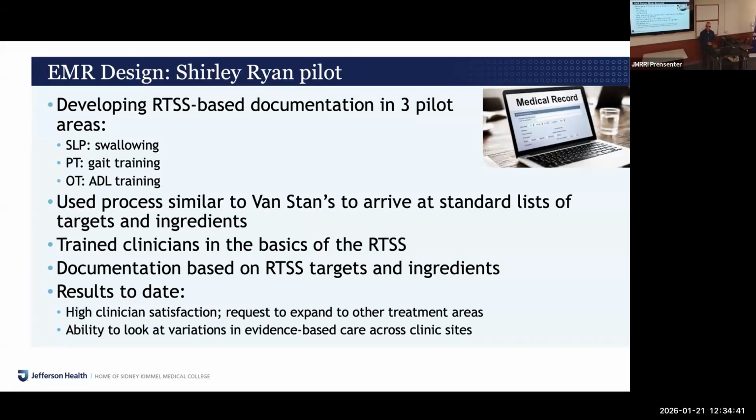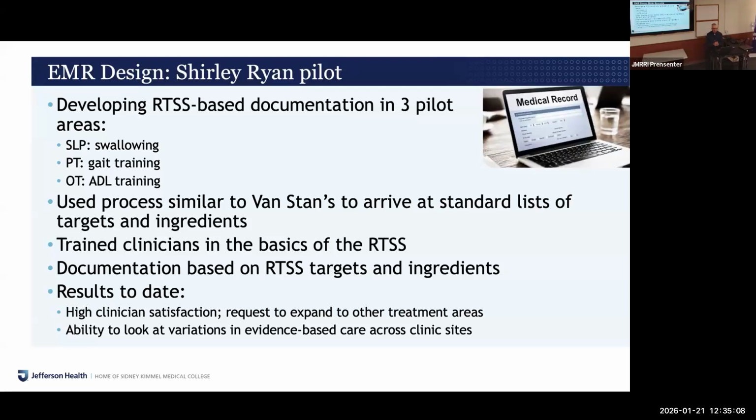However, here's what's happened at Shirley Ryan. They got 3 pilots in 3 very specific areas: dysphagia, swallowing disorders, gait training, and addressing ADL stuff. And they have an OT person, a PT person, and an SLP person who work in their education department, sort of leading these efforts.